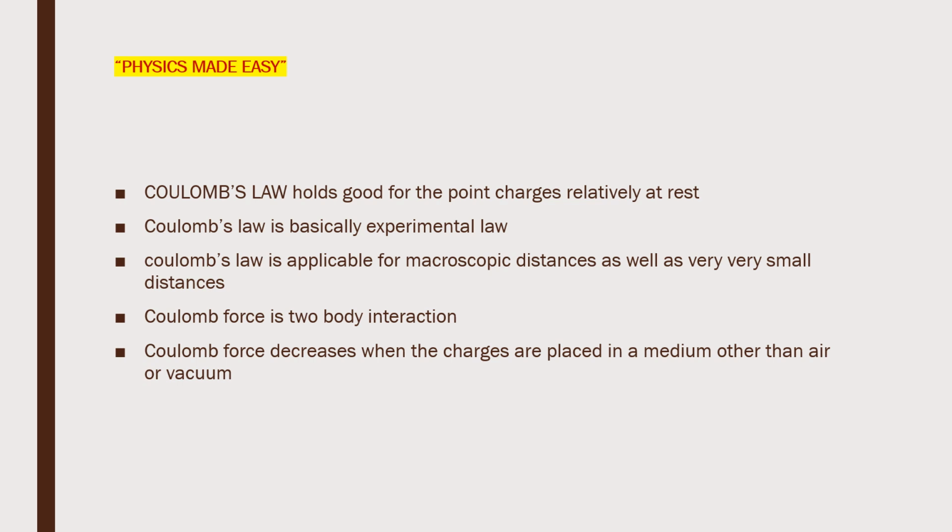Here are some important points regarding Coulomb's law. Coulomb's law holds good for point charges relatively at rest. Coulomb's law is basically an experimental law. Coulomb's law is applicable for macroscopic distances as well as very small distances.